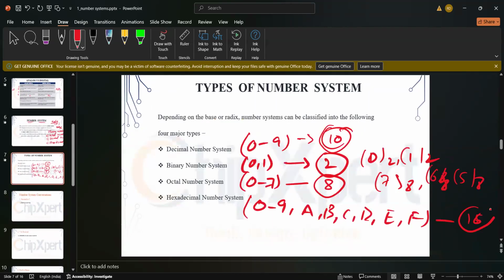A represents 10, B represents 11, C represents 12, D represents 13, E represents 14, and F represents 15. So these are the different types of number systems we have. Decimal is represented with 10, binary with 2, octal with 8, and hexadecimal with 16.